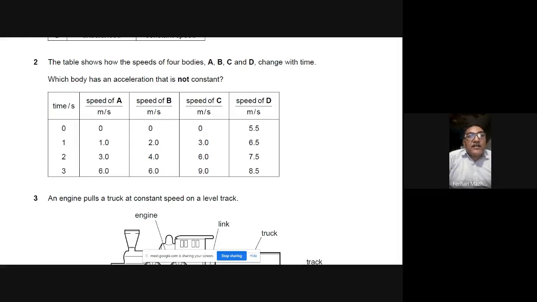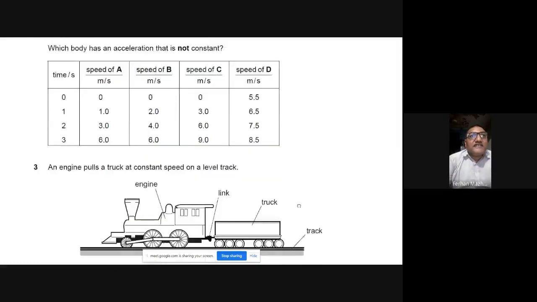In the second second its velocity changes from 1 to 3, a change of 3 meters per second. And in the third second the velocity changes from 3 to 6, a change of 3 meters per second. So in equal intervals of time the change in speed is not constant, so it is not moving with a constant acceleration. The choice is A. Question number two, the choice is A.